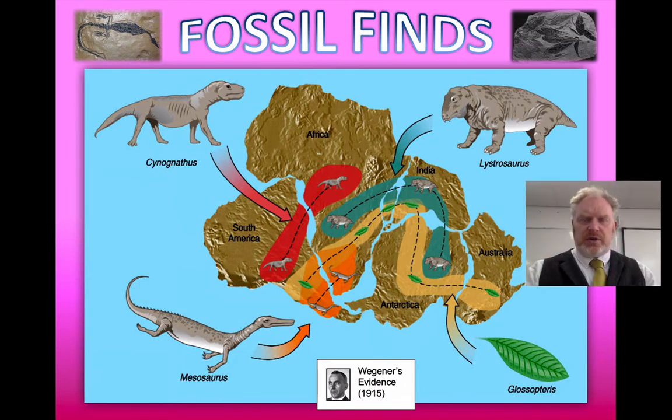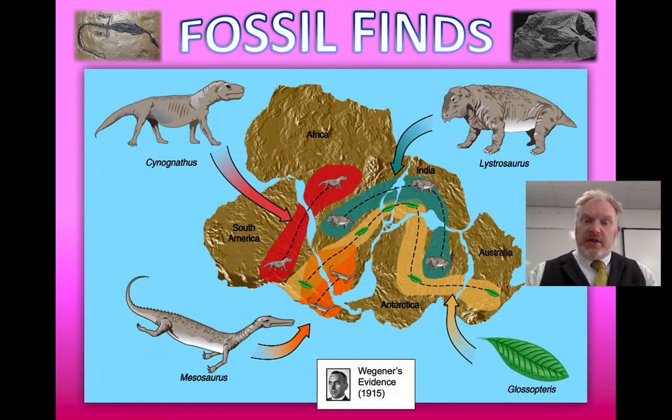Our third piece of evidence that Wegener suggested was fossils that are found in these southern continents. There are two things to look at with this piece of evidence.